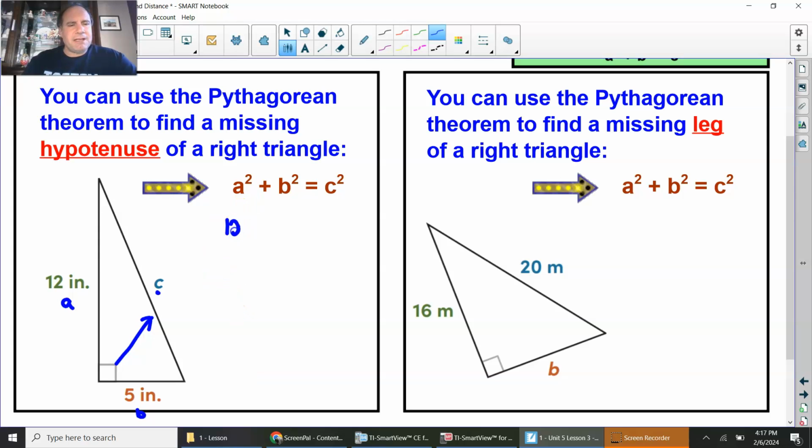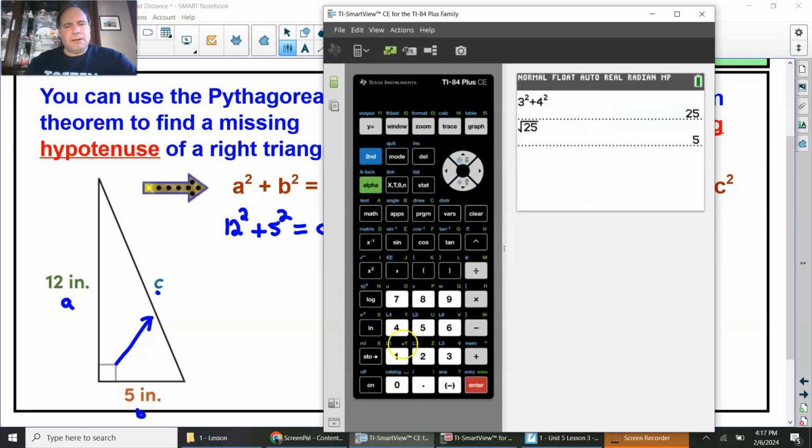So I'm going to substitute into the formula 12 squared plus 5 squared equals C squared. I'm going to grab my calculator and put 12 squared, the whole thing in, plus 5 squared, and press enter. So now I have 169 equals C squared.